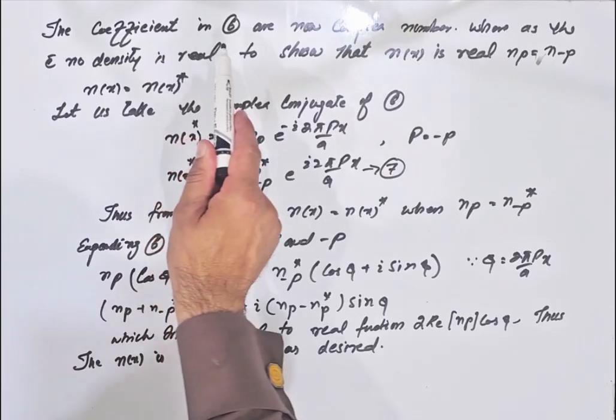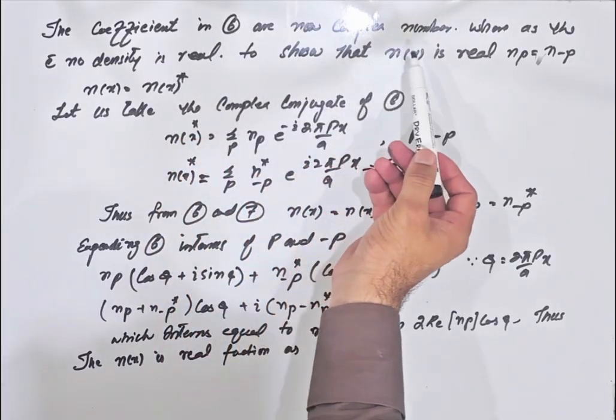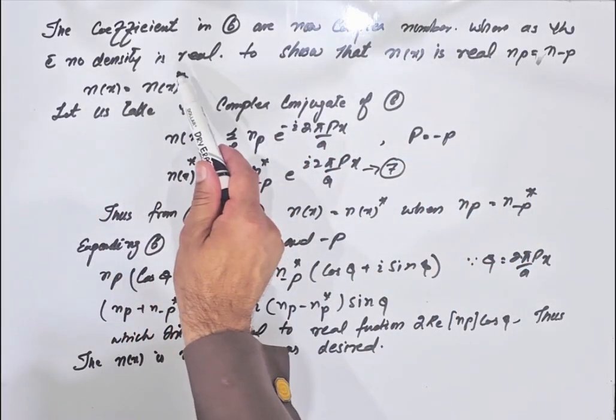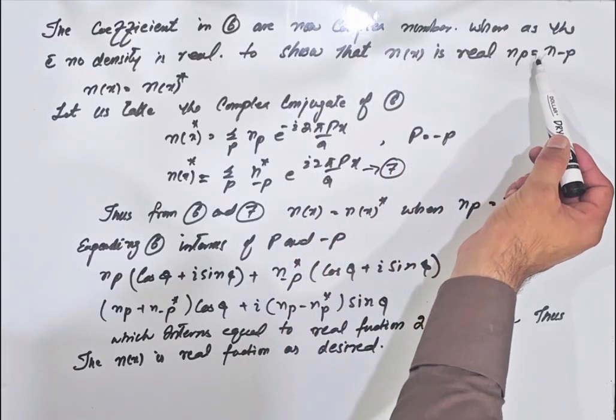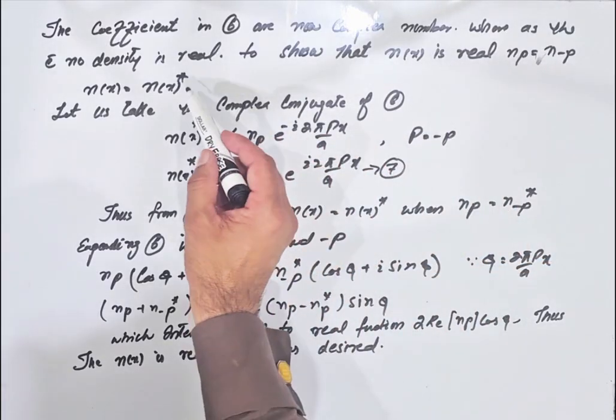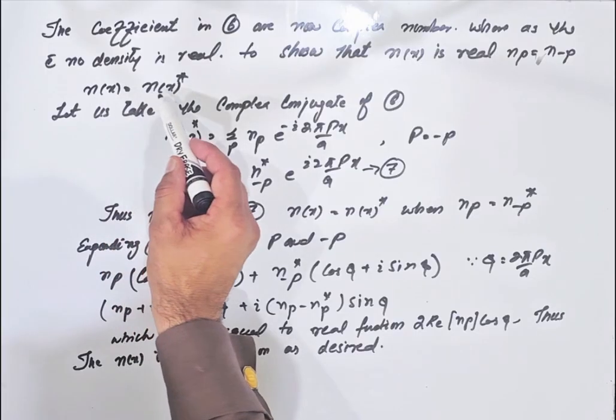Here the coefficients n_p in equation 6 are now complex numbers, whereas the electron number density is real. To show that n(x) is real, n_minus_p equals n_p star, and that will satisfy n(x) equal to n(x) star.